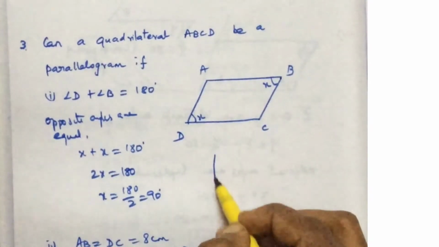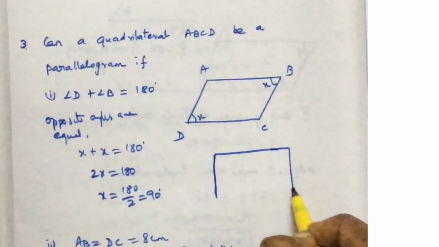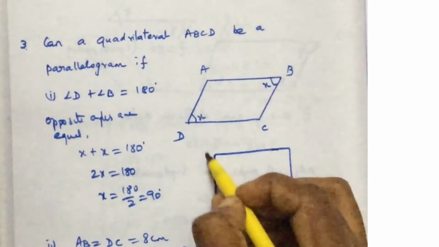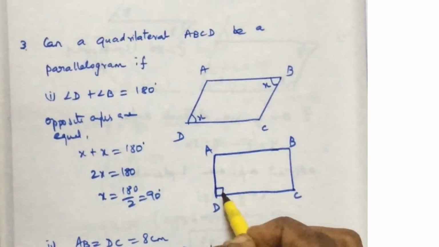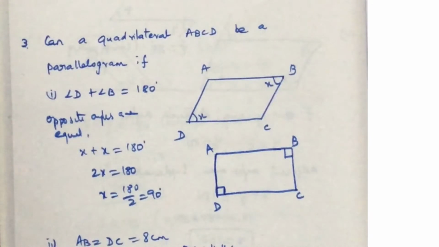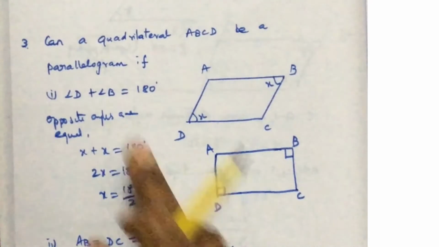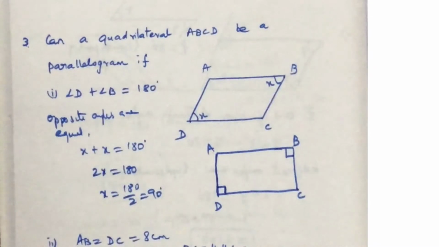So it should look like this. This is A, B, C, D. This is 90 degrees and this is also 90 degrees. This somewhat looks like a rectangle, but can quadrilateral ABCD be a parallelogram? Well, this is possible.